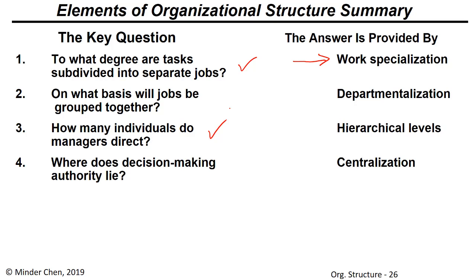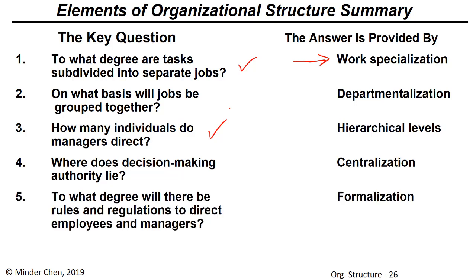The fourth question is, where does decision authority lie? And this is related to centralization or decentralization. The last is, to what degree would there be rules and regulations to direct employees and managers? This is related to how formalized an organization is.